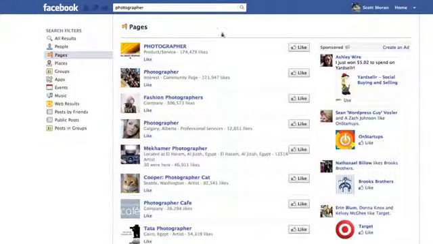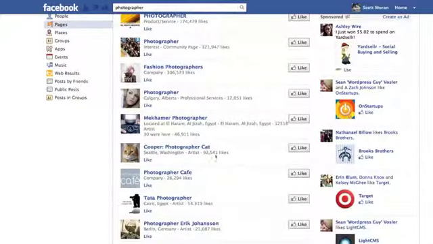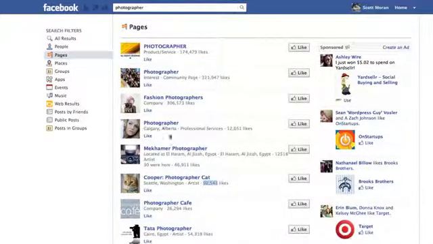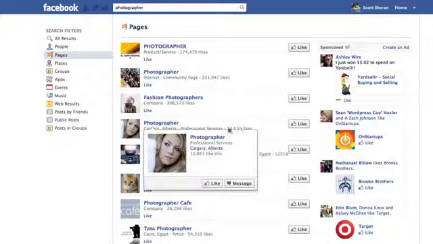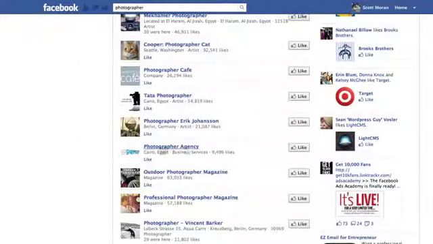So here are all the different photographer related fan pages. This one has 92,000 likes. Here's a photographer page with 12,000. Fashion photographers, 306,000. Photographer agency, 9,400.